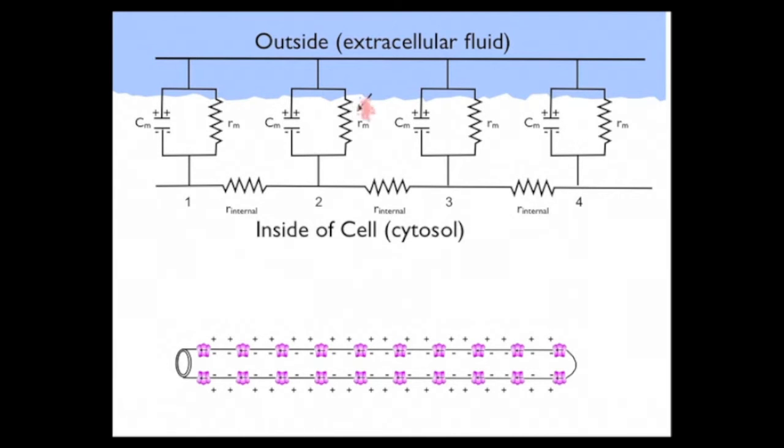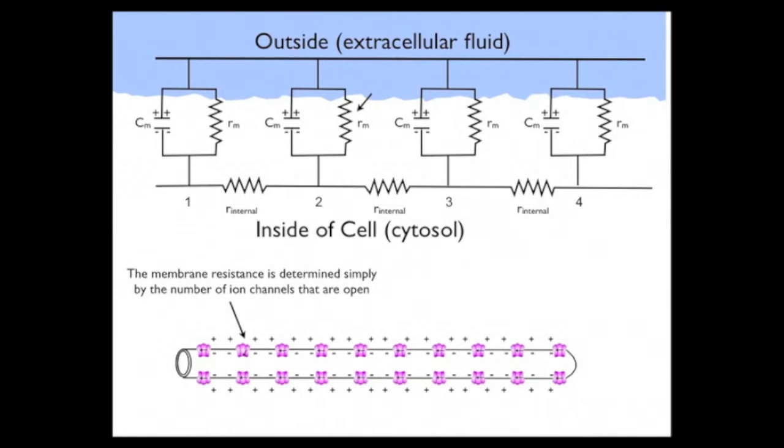The next component is the membrane resistance. And as I've indicated to you, that's determined simply by the number of ion channels that are open, because they determine the resistance to current flow through the membrane. So if there are no channels that are open, the current flow is almost infinite. The membrane resistance is extremely high.